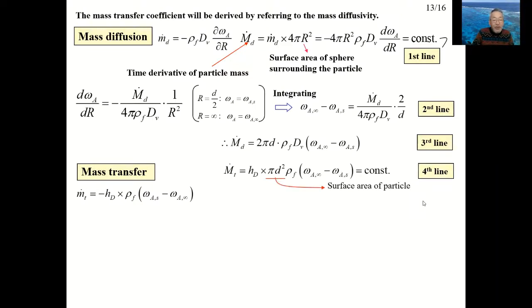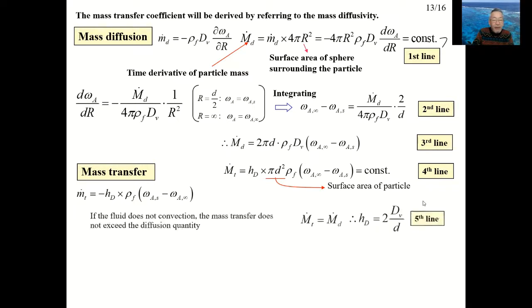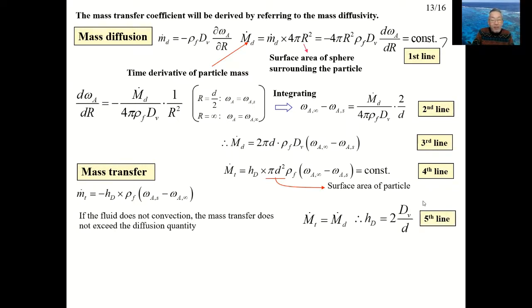Multiplying the mass transfer equation by the surface area of the particle gives the quantity of mass transfer m dot for the particle as shown on the fourth line. If the fluid does not convect, the mass transfer does not exceed the diffusion quantity. So m dot is equal to m_d dot, and so h_D is equal to 2 D_AB over d.